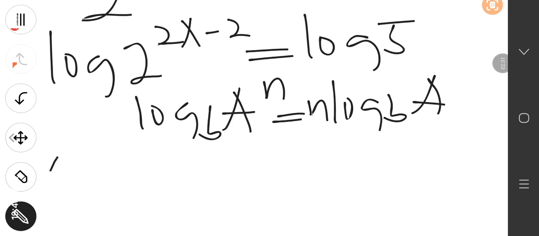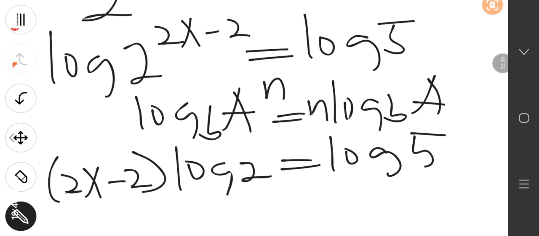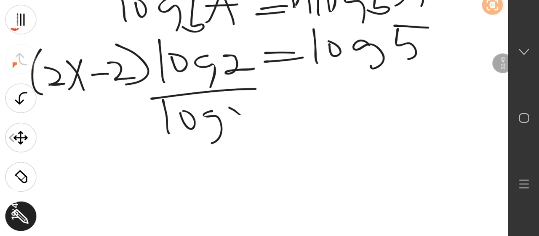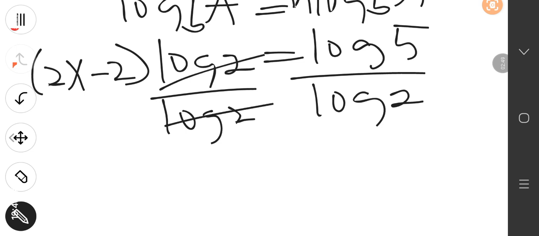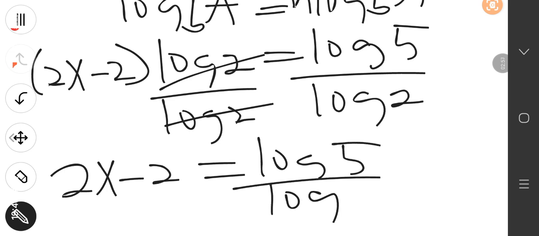So our equation becomes (2x minus 2) times log 2 equals log 5. So you're going to divide here by log 2 and here by log 2. So now we are left with 2x minus 2 equals log 5 over log 2.